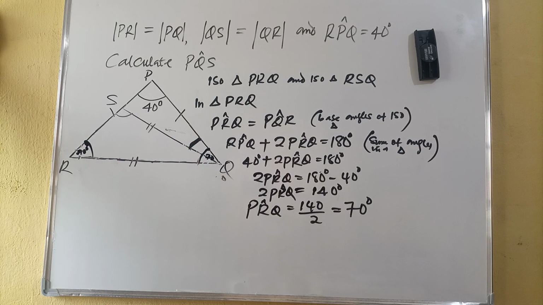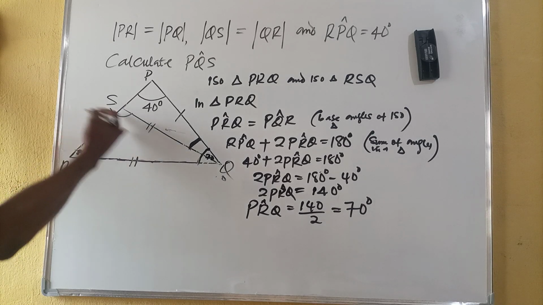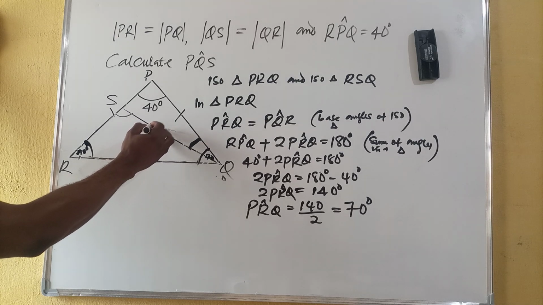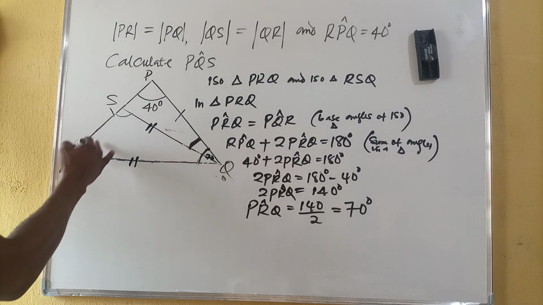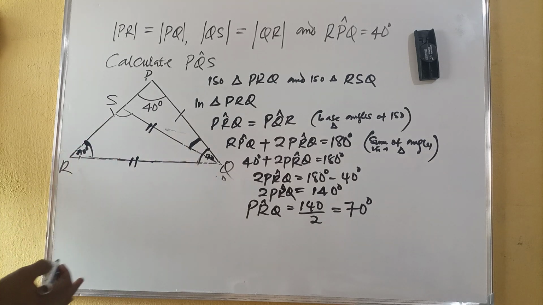So using our idea still, we remember I said that we have two isosceles triangles here, isosceles triangle PRQ and isosceles triangle RSQ. Now look at this side, they said is equal to this side. So if these two sides are equal, that means the base angles of this triangle will be equal.